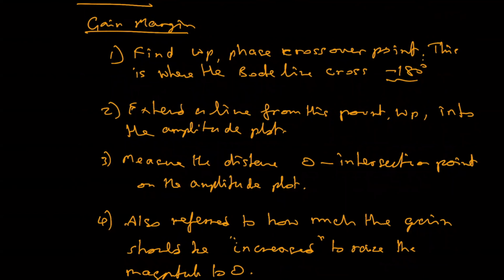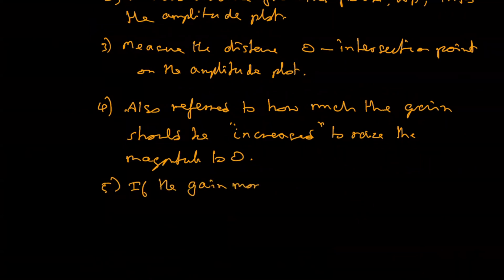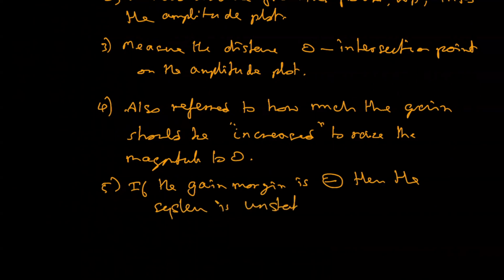So that's the gain margin. I guess we should finish this off. If the gain margin is negative, as we had on the diagram, then the system is unstable. So your thermostat is going crazy here at the moment.